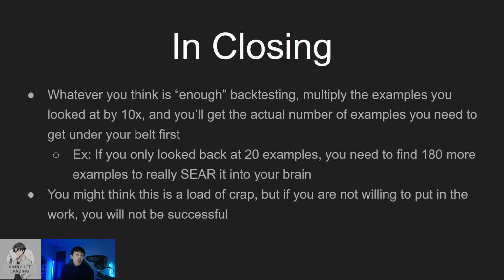If I was looking at 20 examples for just the bullish side on the way upwards, I would need to go look for 180 more examples so I could hit 200 examples seared into my head, showing me that this price action model works. And here's the reason why. Here's what I was looking for, and here's where I found it to be working. Here was what I was looking for, and here's why I find it to not work, right?